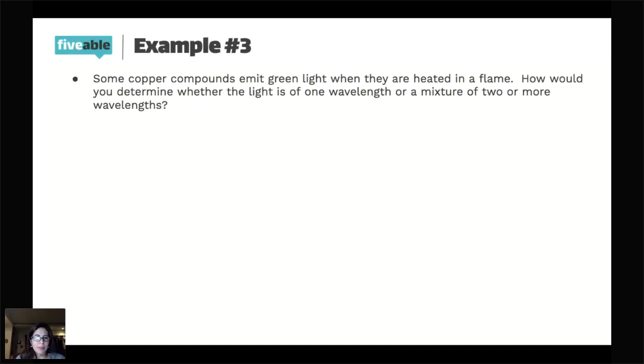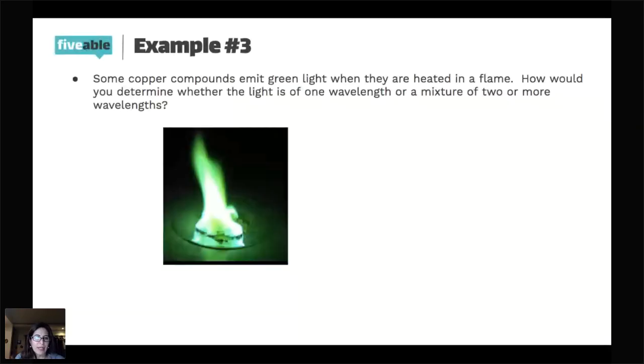How would you determine whether the light is of one wavelength or a mixture of two or more wavelengths? I don't know if you have done this in the lab yet, but if you burn copper compounds with alcohol, you will see a green light appearing. So how do you know if it's one wavelength or a mixture? Who can answer this question?